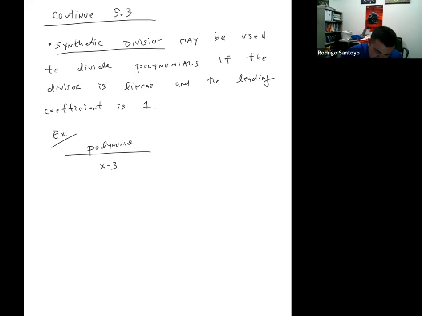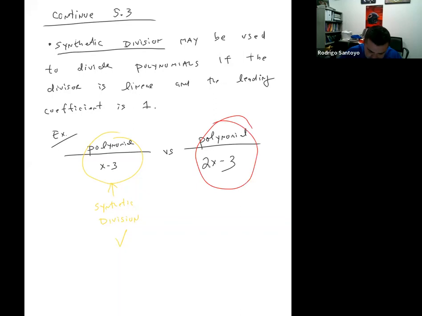Here, synthetic division is possible. Whereas the polynomial divided by 2x minus 3 here, synthetic division is not possible.